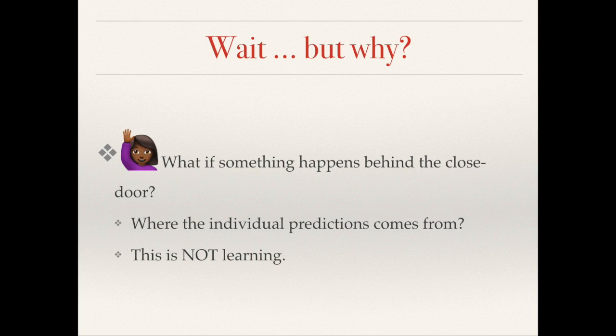But wait, we may ask a question. During all the calculations, we consider that when one committee member makes a decision, the correctness of that committee member is independent, is not affected by other committee members. But what if, when the committee is making its decision, something happened behind the closed door?